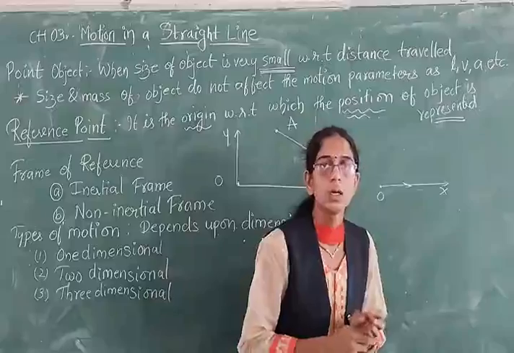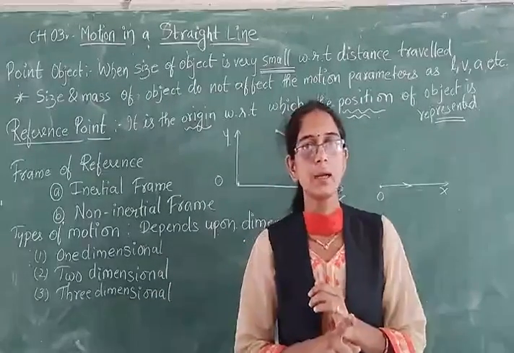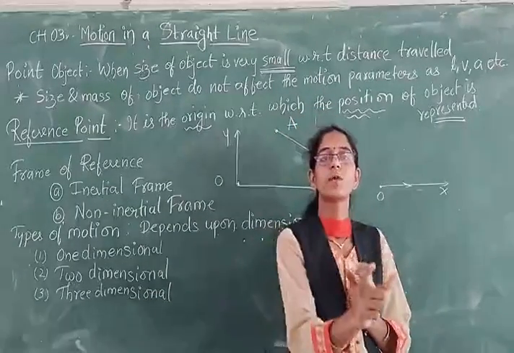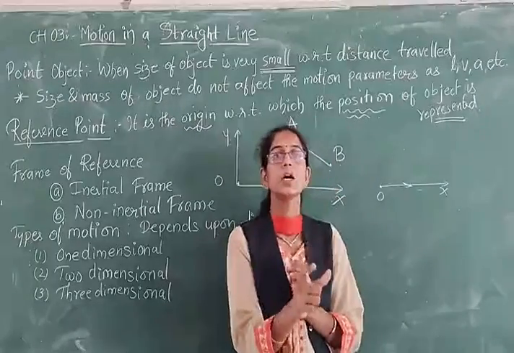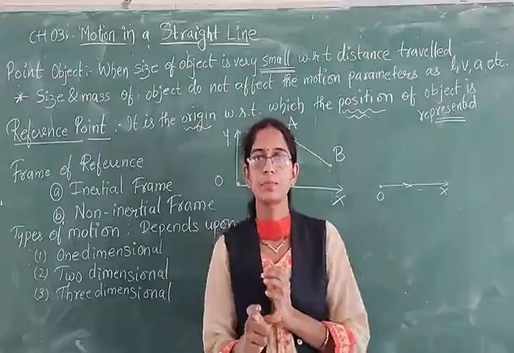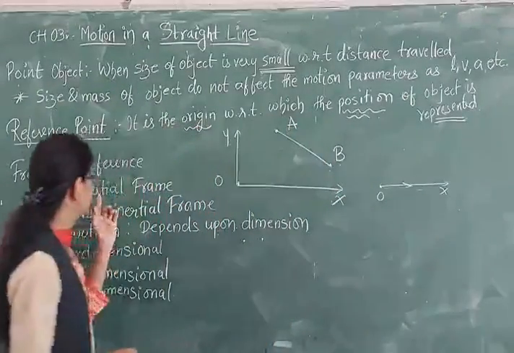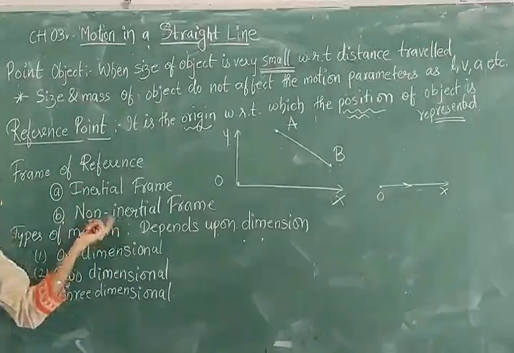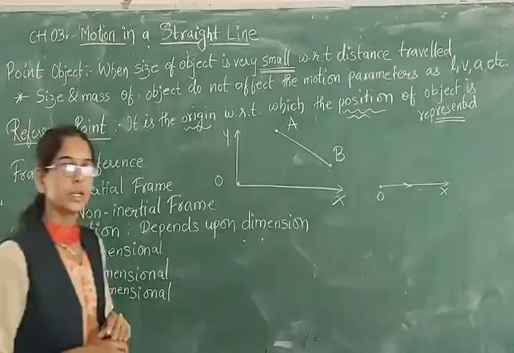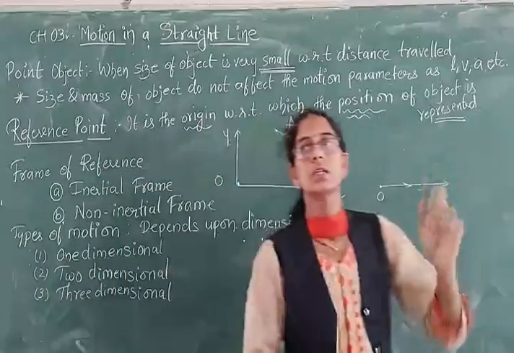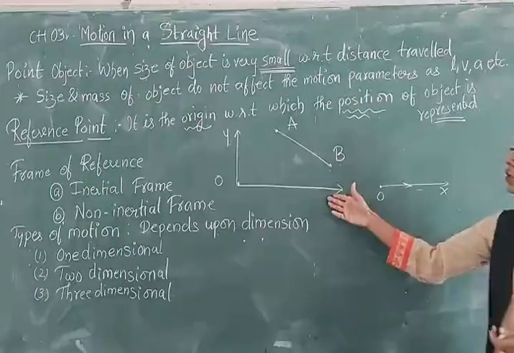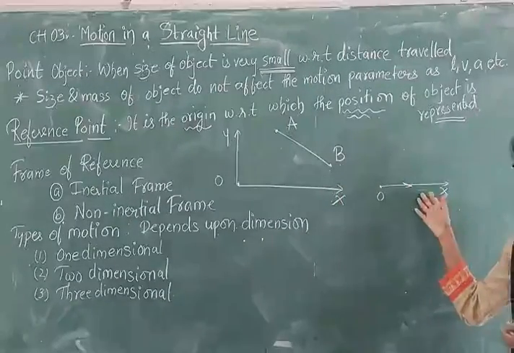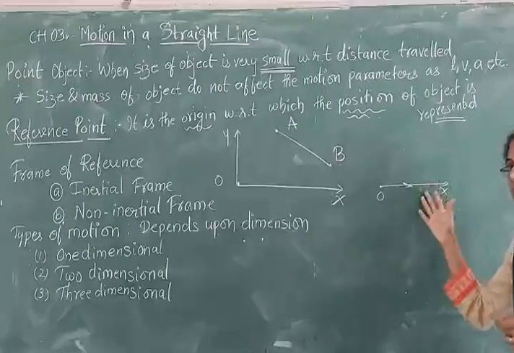So here Newton's laws are not valid. Therefore, that frame of reference is termed as non-inertial frame. So we have seen now the two frames. One is inertial and the other is what? Non-inertial frame.